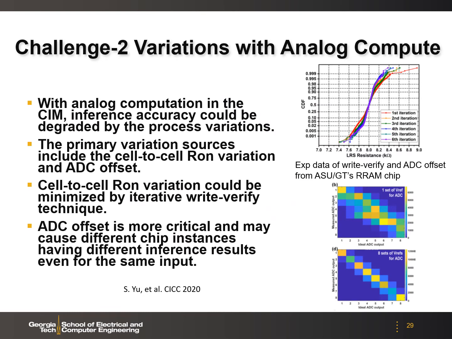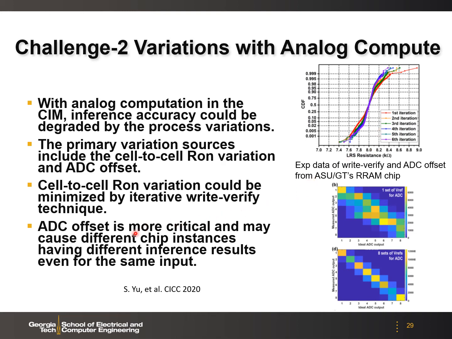The second challenge is the variations with the analog compute, which can degrade the inference accuracy. The primary variation sources include the cell-to-cell on-state resistance variation and the ADC offset. As we see here, we can use the write-and-verify technique to tighten the distribution of the RRAM resistance. So this can be minimized by the programming.